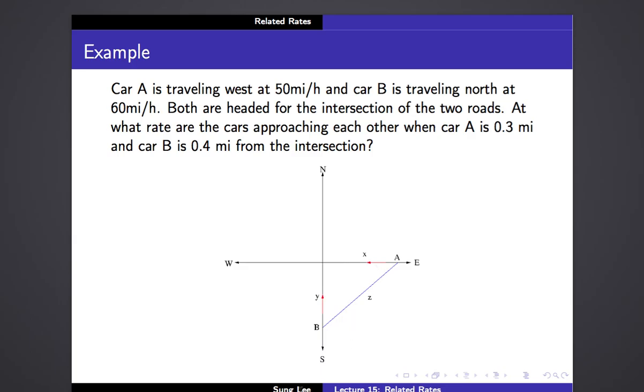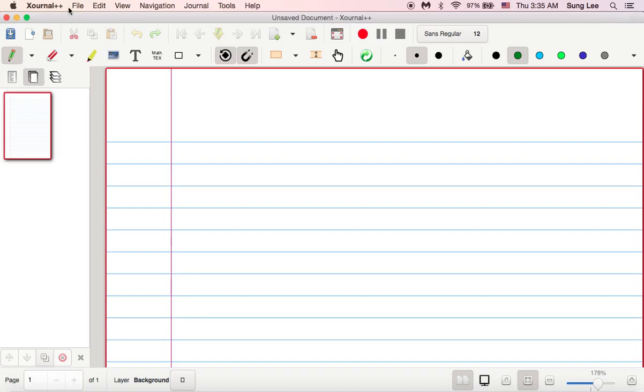To work on this problem, we are going to introduce the three quantities, x, y, z.